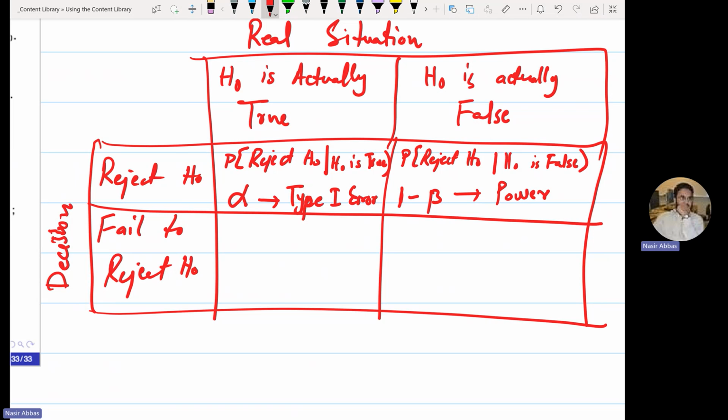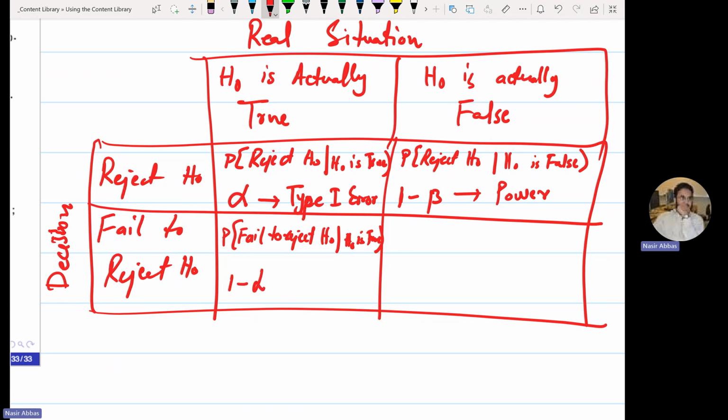The third cell. H0 was actually true, but you did what? Is it a correct decision? It is a correct decision. And this is actually 1 minus alpha.